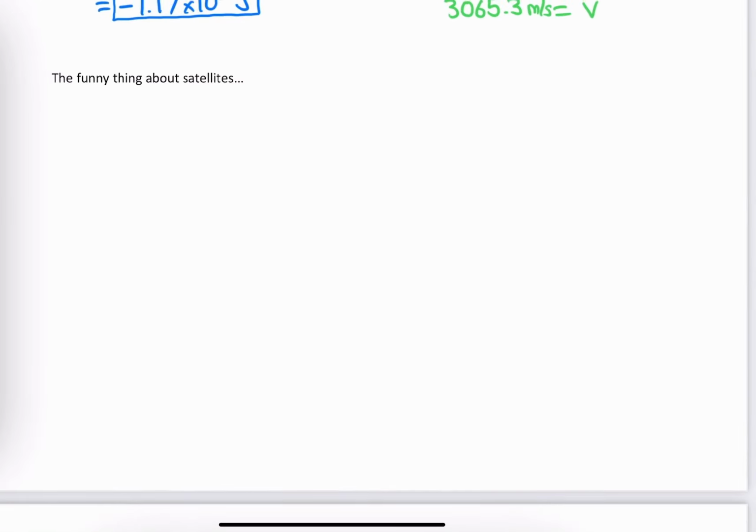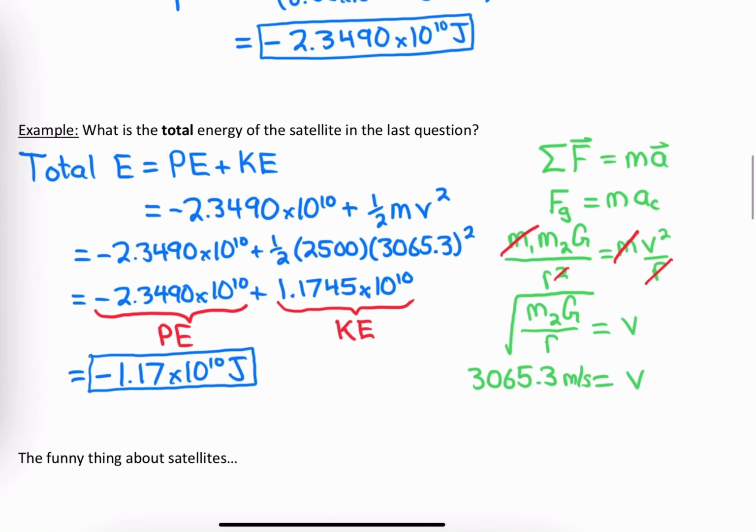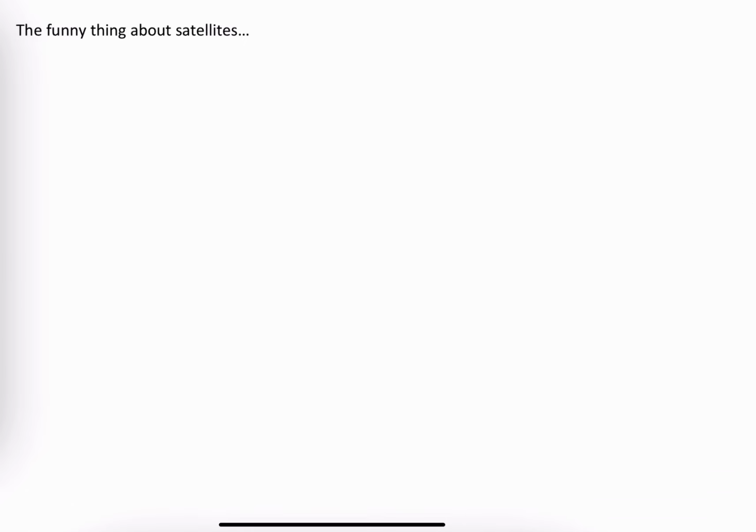So we can start with a circular motion setup for looking at the satellite.